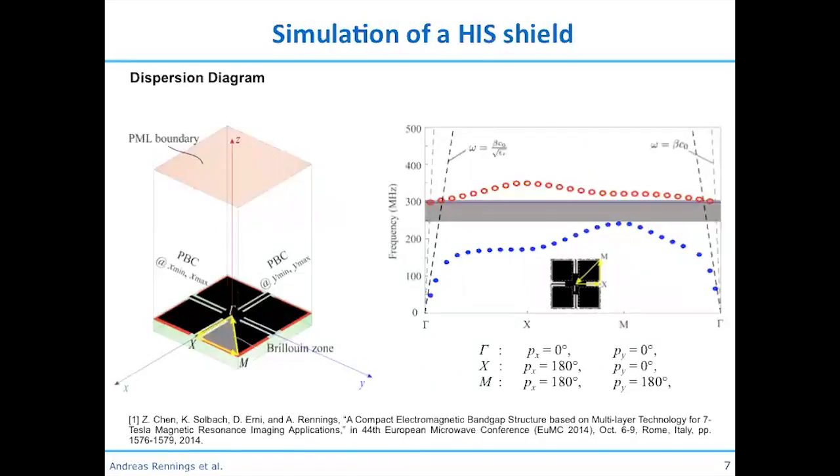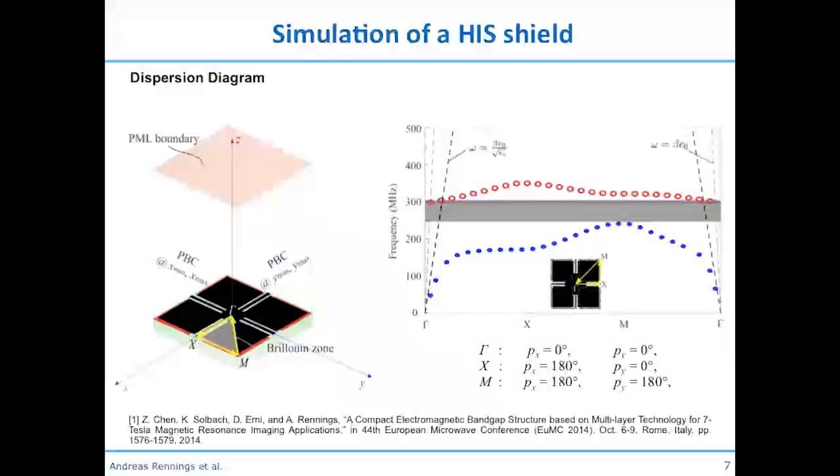And now we come to the so-called dispersion diagram, another way of seeing this periodic structure. Here in this case, it's eigenmode simulation, and here on top we have this PML boundary, so an absorbing boundary, and in X and Y we have what is called periodic boundary conditions, so master-slave condition it's called in HFSS.